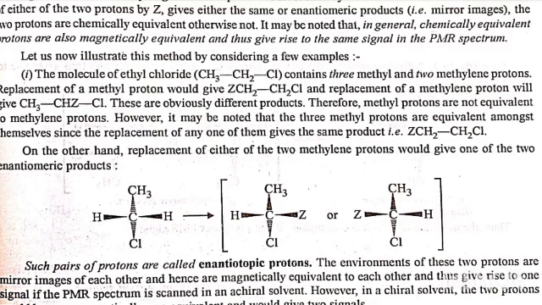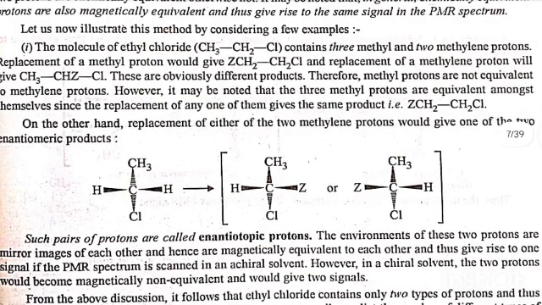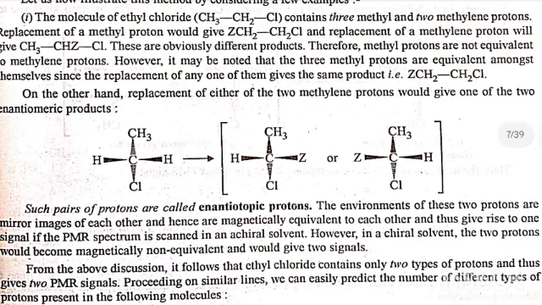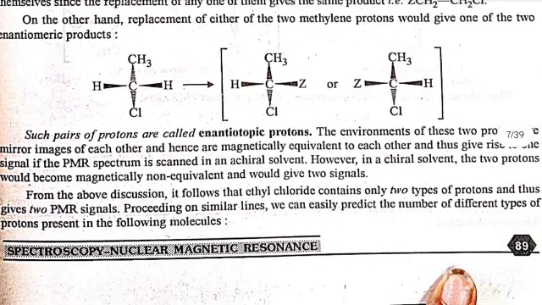Therefore, methyl protons are not equivalent to methylene protons. However, it may be noted that the 3 methyl protons are equivalent amongst themselves since the replacement of any of them gives the same product ZCH2CH2Cl.